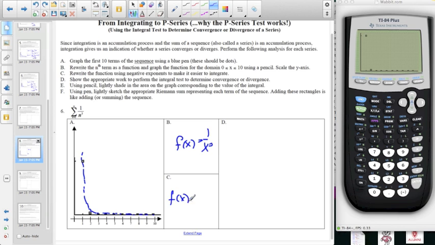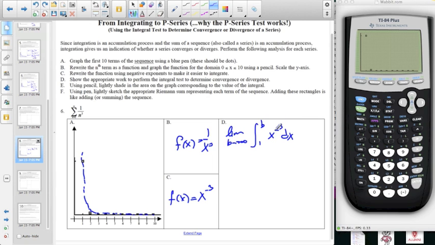We have powers of 6, 7, 8, 9, and you can probably speculate as to what happens with this pinching off phenomenon. But we're integrating x to the minus 3rd, so we're talking about taking a limit as b approaches infinity from 1 to b of x to the minus 3rd dx.